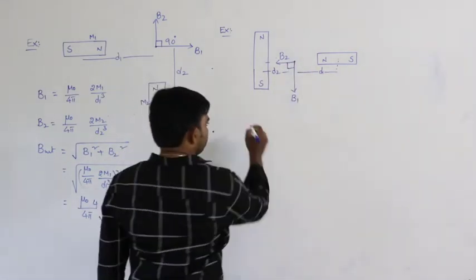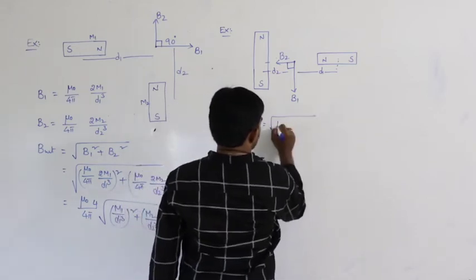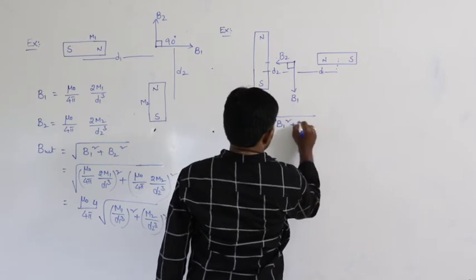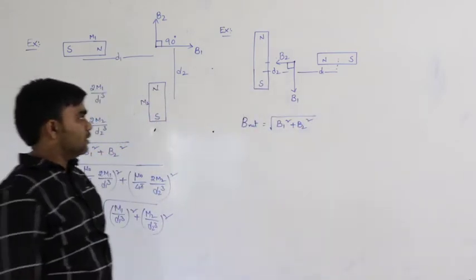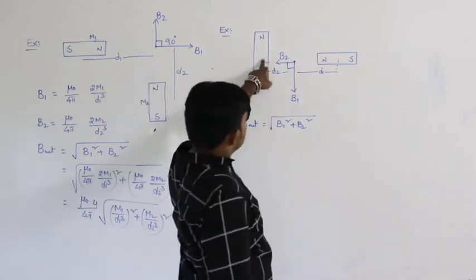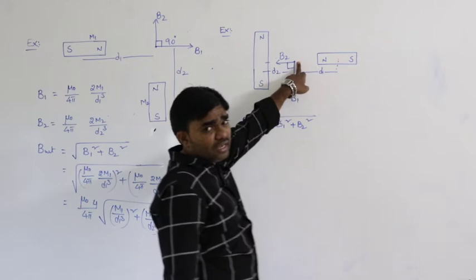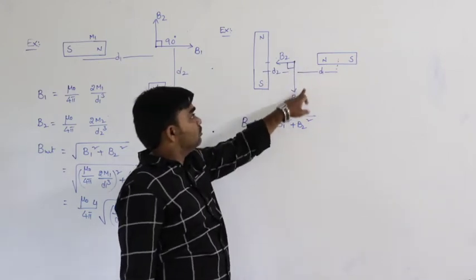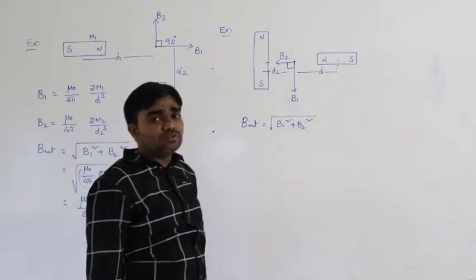So the net magnetic field is B net equals under root B1 square plus B2 square. For the first magnet this is an equatorial point, where the direction of the magnetic field is from north to south. For the second magnet it is an axial point, where the direction is from south to north.